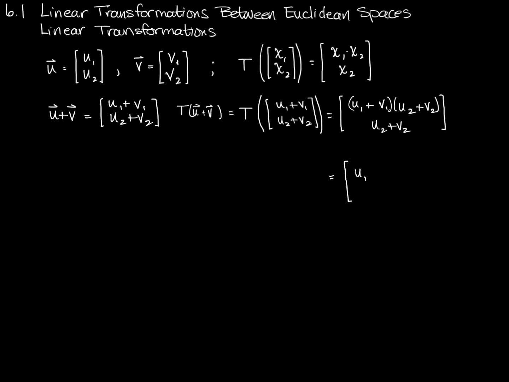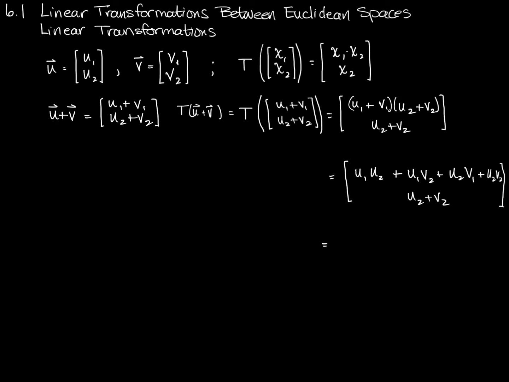FOIL, right? u1 u2 plus u1 v2 plus u2 v1 plus v1 v2. Okay, and the bottom is just u2 plus v2.